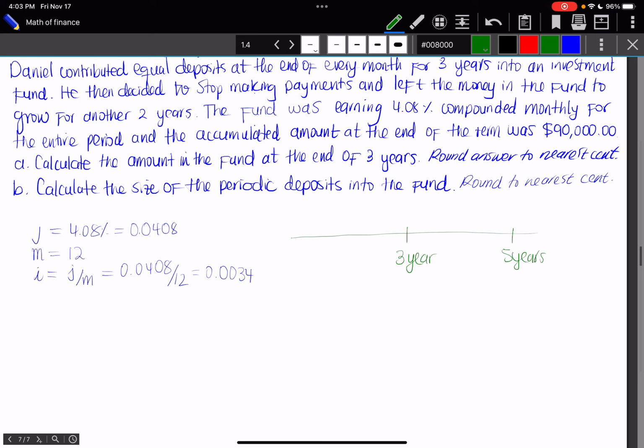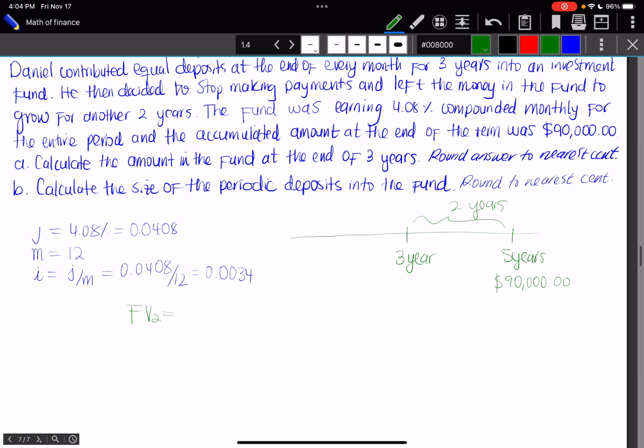Now, the accumulated amount in the fund at the end of the full 5-year term is $90,000. And the $90,000 is an amount of money we got from going with no payments from the 3rd year on for 2 years, and interest was compounded monthly. Then we can treat this amount, $90,000, as the future value of an investment.